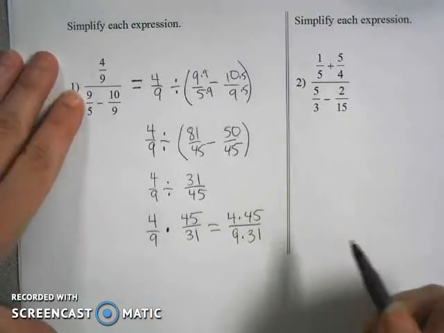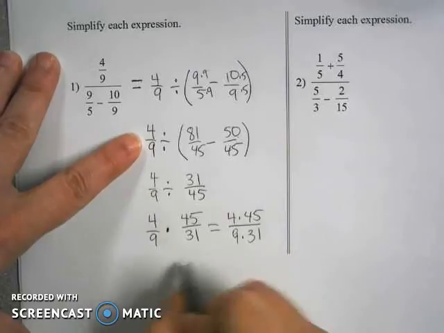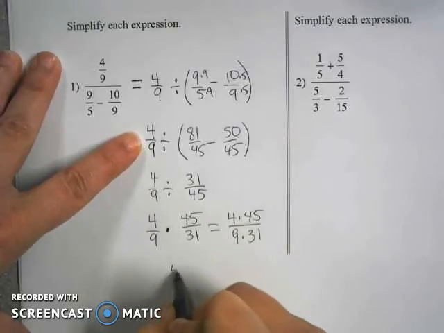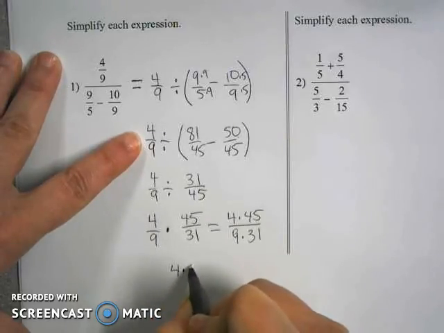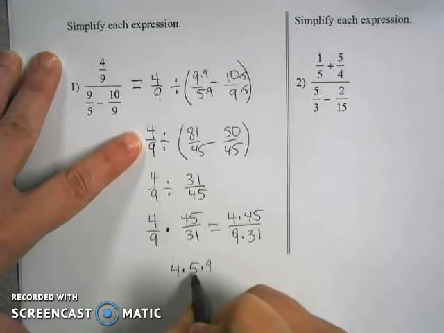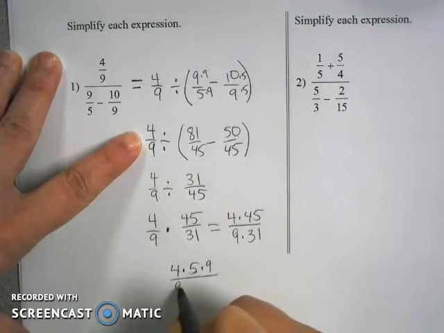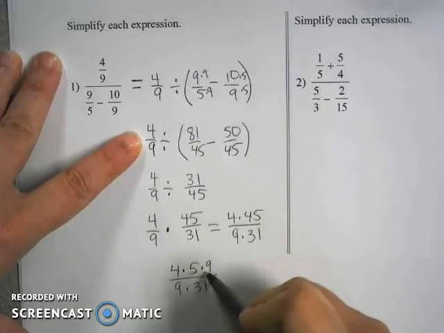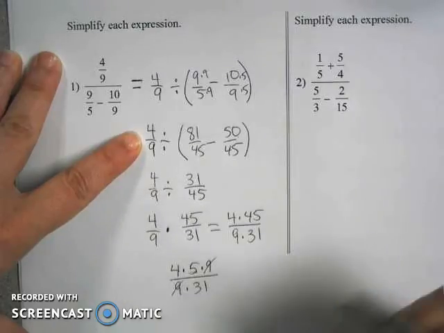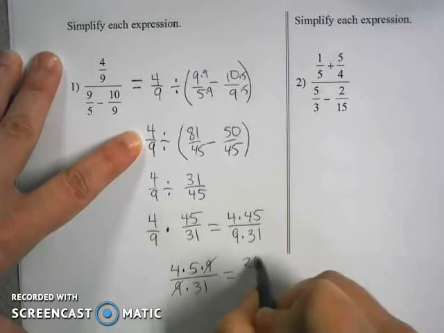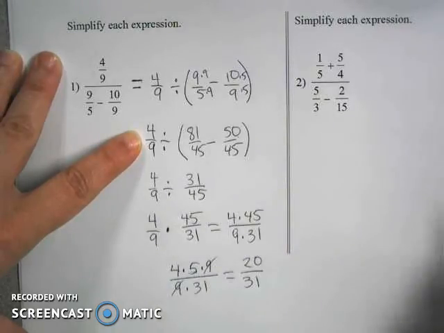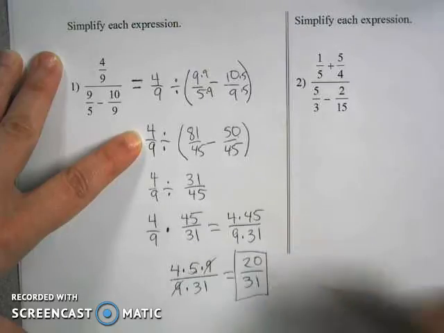So I'm going to rewrite the 45 as 4 times 5 times 9, and then the 9 times 31 is going to stay as is. I've identified my common factor that can be canceled, and now I can rewrite my numerator. So that's really 20 over 31. And that's my simplified answer.